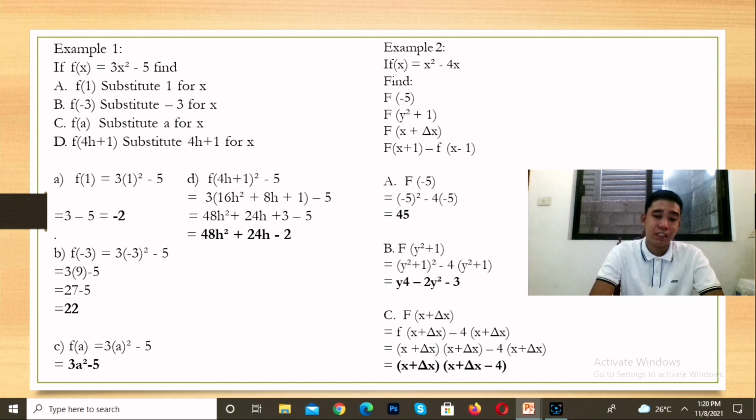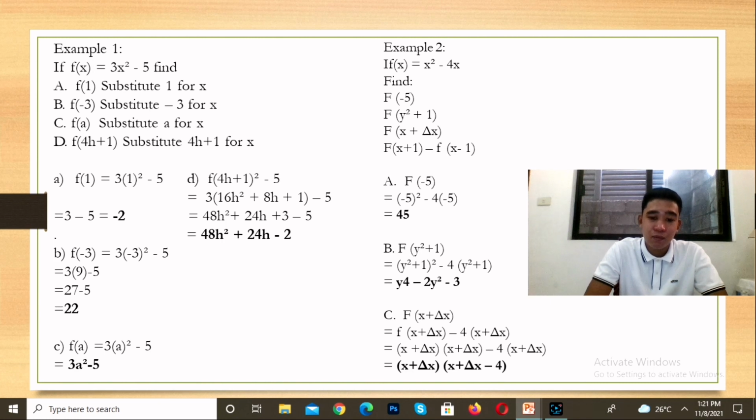C, delta x. Ito medyo komplikado. F, close and open parenthesis, x plus delta x. So substitute x plus delta x to x squared minus 4x. Always remember that if you will find something, substitute the given to the main equation to get the final answer.